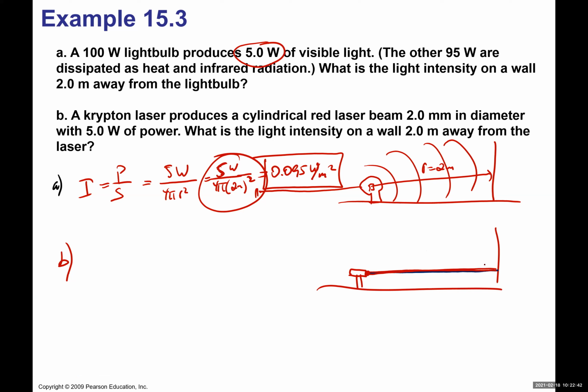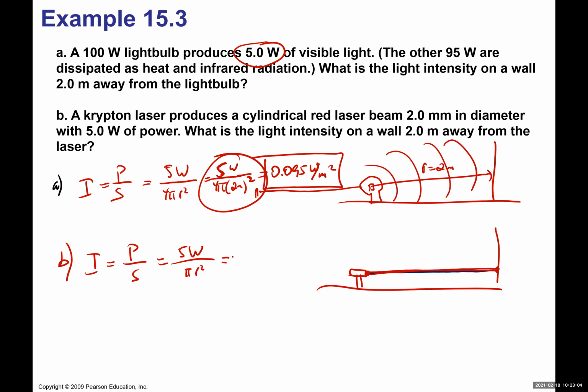If I'm looking at the intensity, which is power per surface, then on the wall it generates a circular light. That means this is 5 watts divided by the area of a circle, which is just pi r squared.